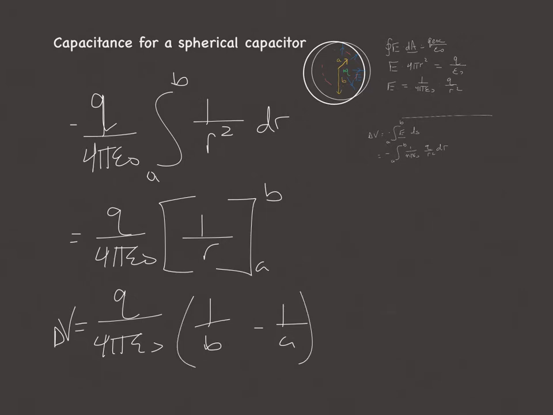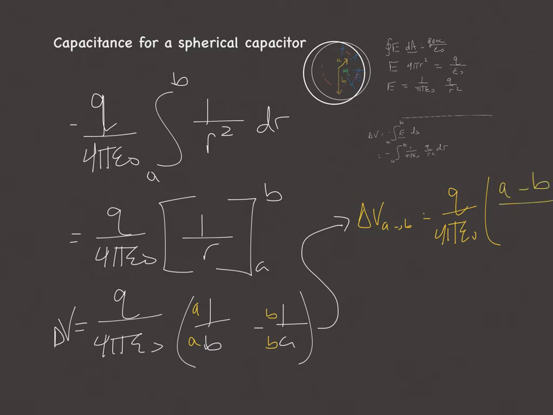To simplify this a little bit further, we would multiply the left term by A over A, the right term by B over B. So we end up with the change in potential from A to B is going to equal Q over 4 pi epsilon naught times A minus B all over A times B.